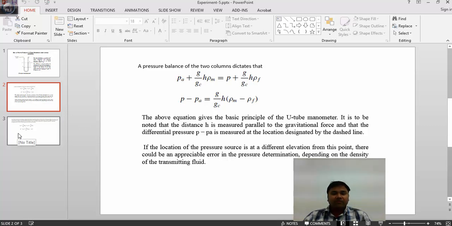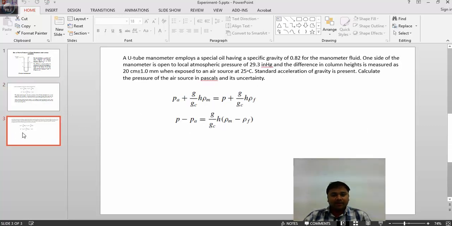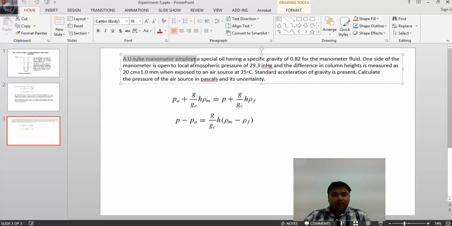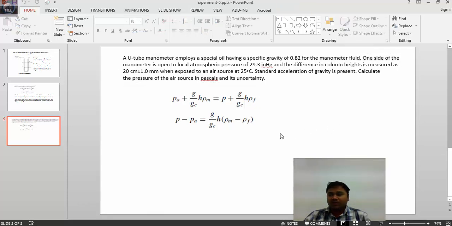So the problem of fifth experiment is like this. A U-Tube manometer employs a special oil having specific gravity of 0.82 of the manometer fluid. So once it is there, we need to add the special oil as like this.